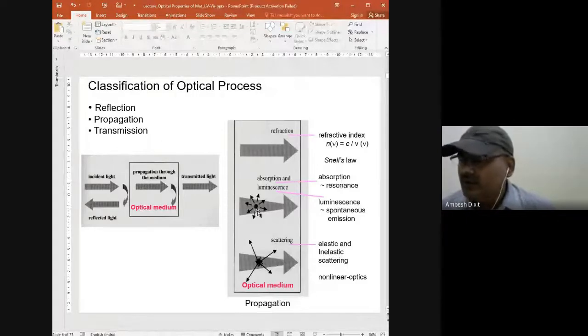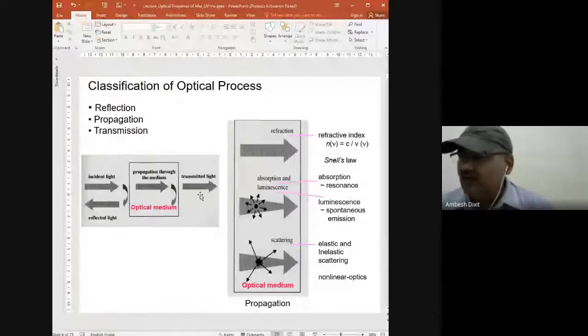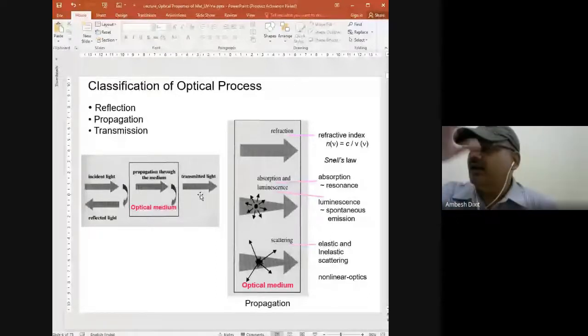In case of absorption, light is getting diminished, so the intensity of light will decrease. Whereas in case of emission, you will get light of a different wavelength. In case of reflection, the light is of the same wavelength. In case of transmission, the light is of the same wavelength. In case of emission, the incident energy may be higher, and the emitted signal may have lower energy.